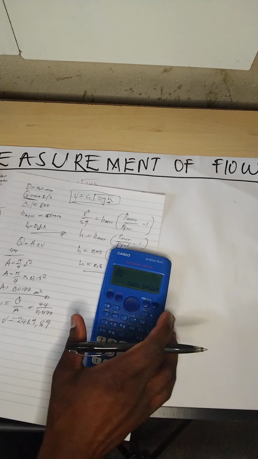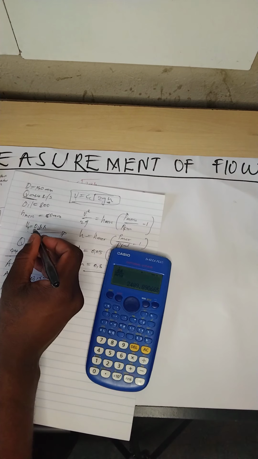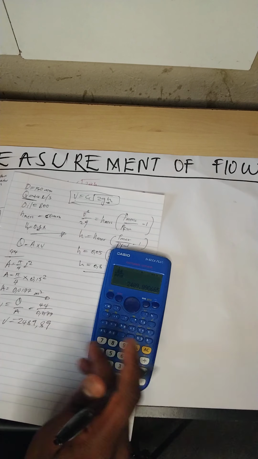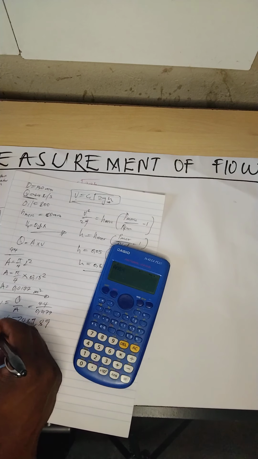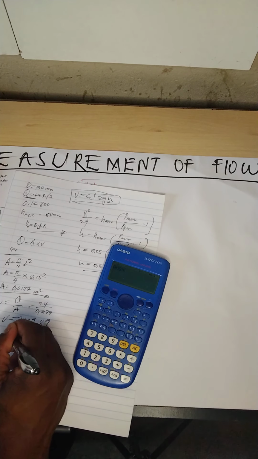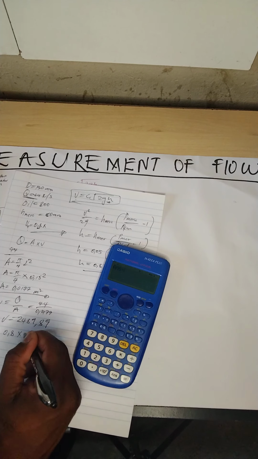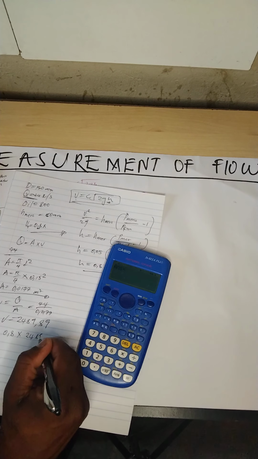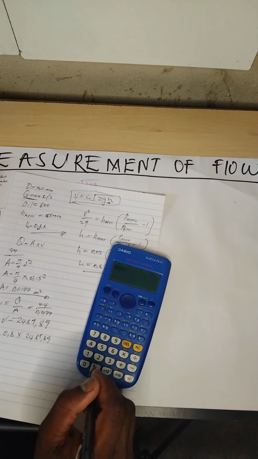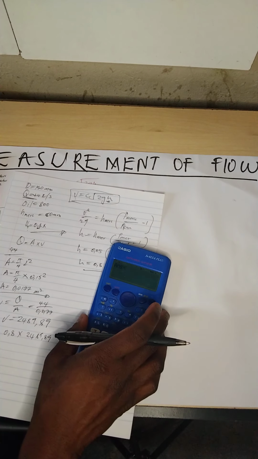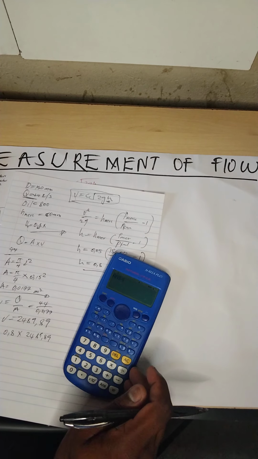Then remember they told us this velocity is 0.8 times the central one. Then we say final velocity equals 0.8 multiplied by this 2489.89. You see it? Then we multiply it like that.